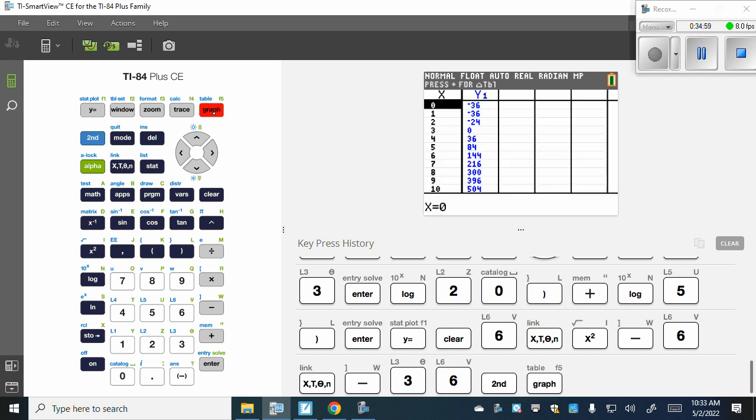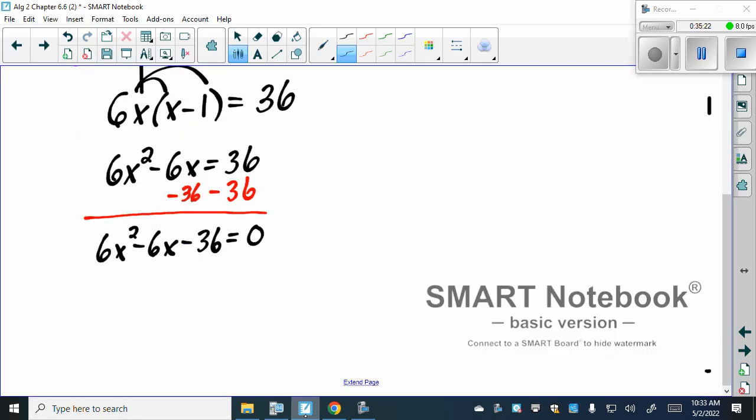So I can go over to the table and see one of the values of x would be 3. And the other is negative 2. I just used the graph to see what values of x make the y value 0, which is negative 2 and 3. So over here, x is equal to negative 2 and x is equal to 3.